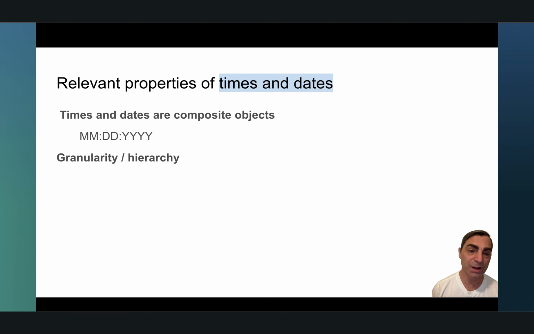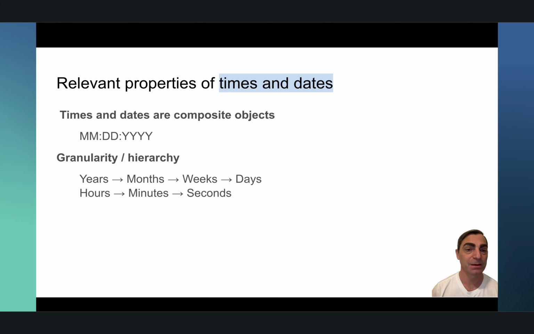The second relevant property is that time is inherently hierarchical, and this means that you can represent information that is connected to time at different levels of granularity. So, similar to the geographical case, you can represent information at the level of years, months, weeks, and days, or hours, minutes, and seconds.